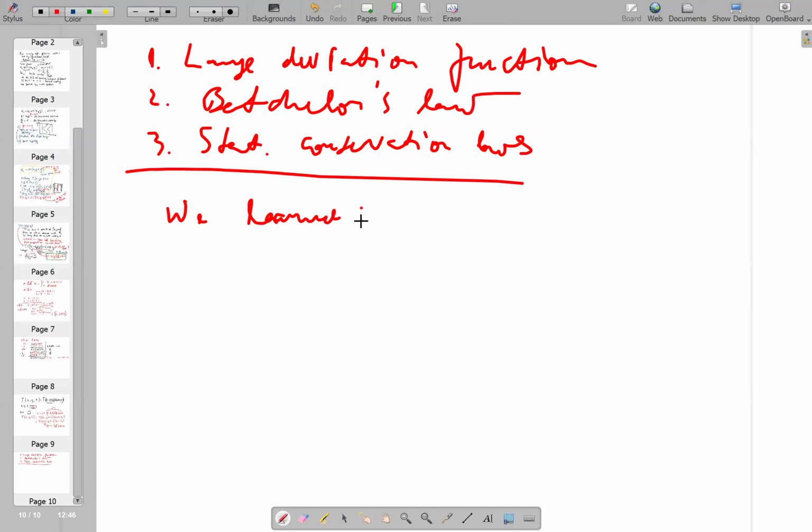What we learned is that in this scale we have the logarithm of the length of a material line.